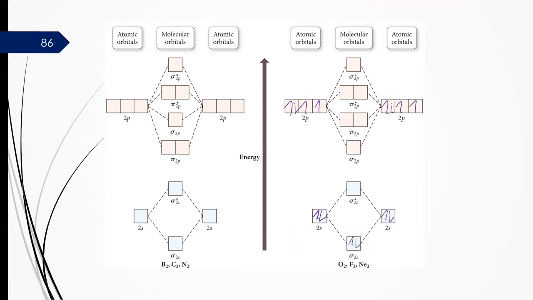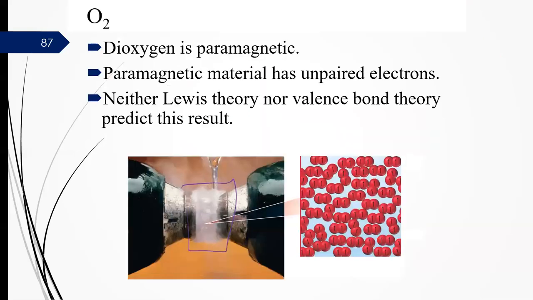And we should have 1, 2, 3, 4, 5, 6, 7, 8, 9, 10, 11, 12. And you can see now that we have 2 unpaired electrons. And that is why we can finally predict correctly why oxygen is paramagnetic, because it does have the unpaired ones, which isn't something that we see in valence bond theory or the Lewis theory. And so that was kind of what drove that process forward.